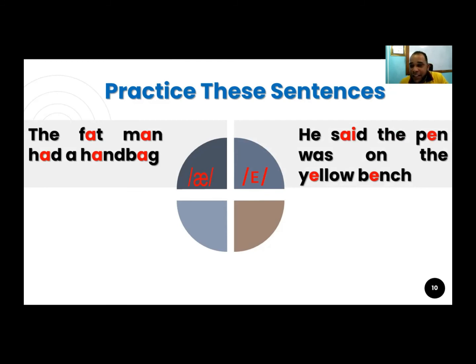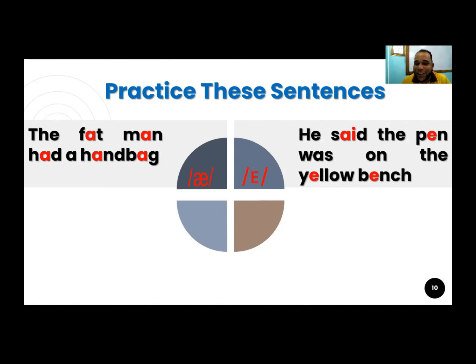He said the pen was on the yellow bench. He said the pen was on the yellow bench. Check this out. The fat man had a handbag. Okay, did you notice that? Let me do that slowly now. The fat man had a handbag. Did you notice that?